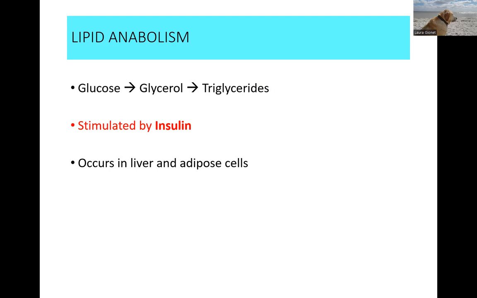Calories in excess on a daily basis than you burn off get stored as fat.